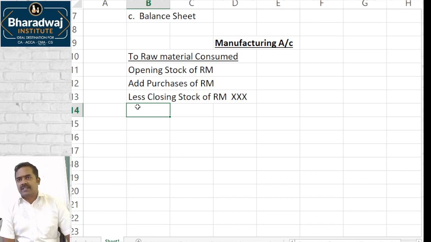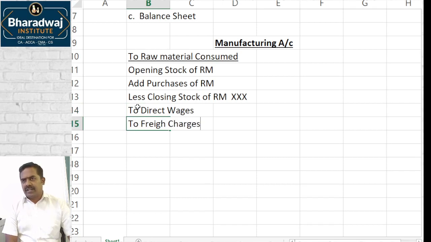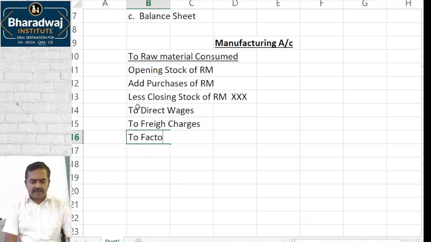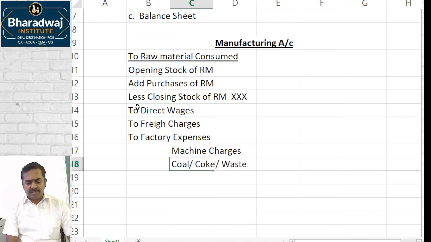What are the other direct expenses? It can be direct wages, it can be freight charges, it can be all factory related expenses such as machine charges, coal and coke, water consumption in the factory, power used in the production.